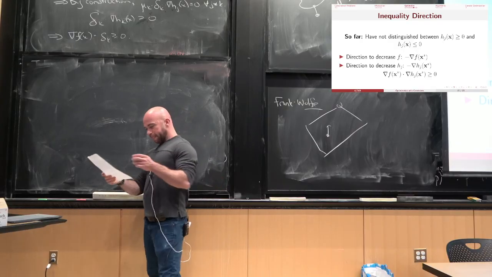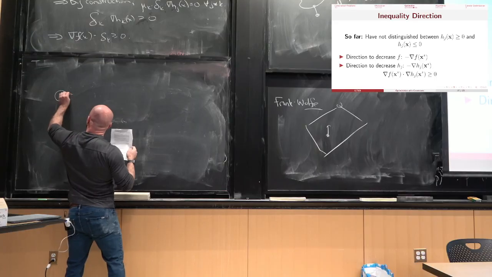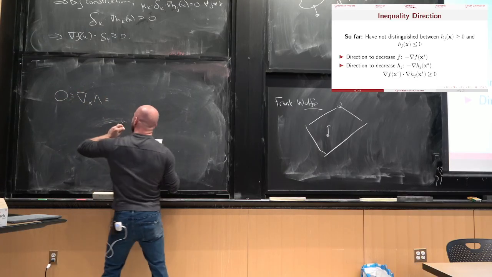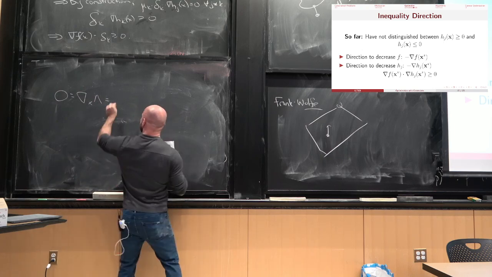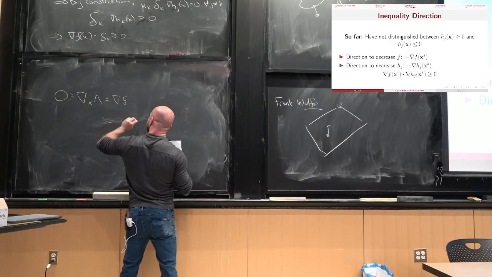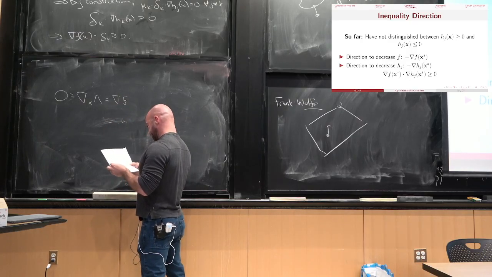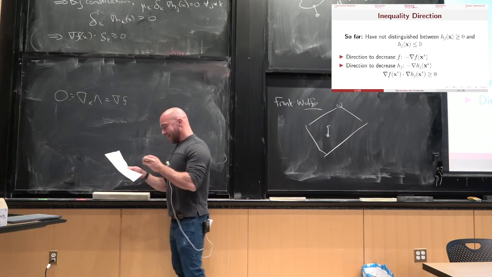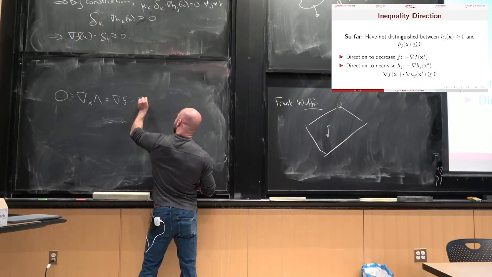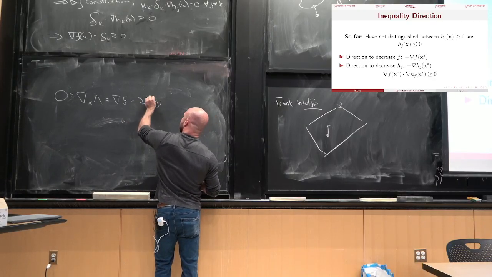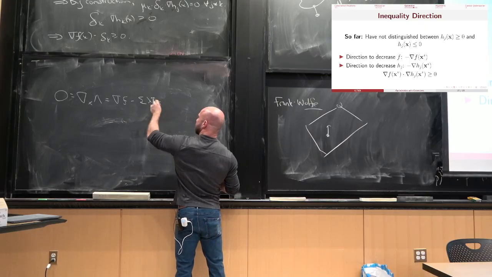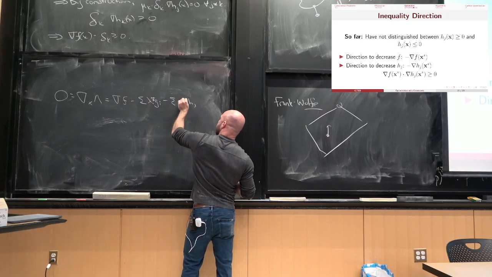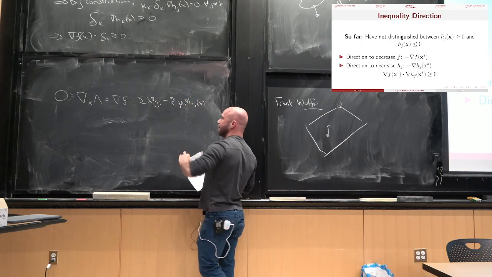Okay. Right, so remember that we have 0 is equal to the gradient with respect to x of our Lagrangian, which is grad f minus the sum lambda i grad g i, all evaluated at x, minus the sum mu j grad h j at x, like that.